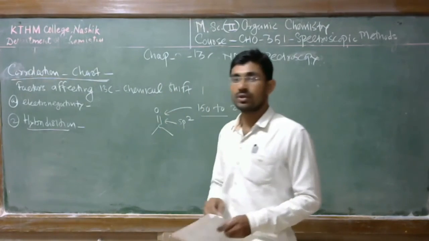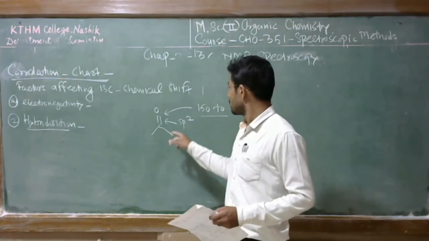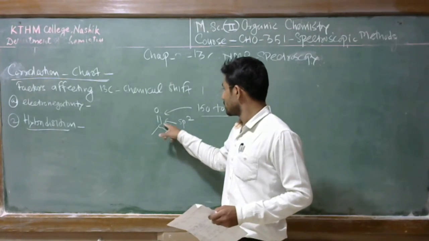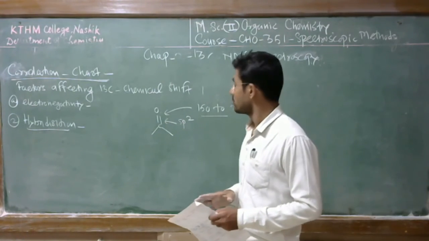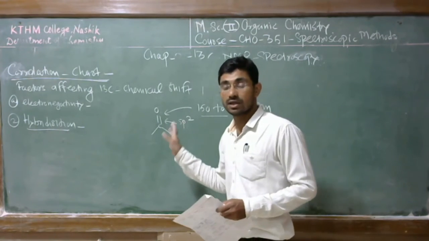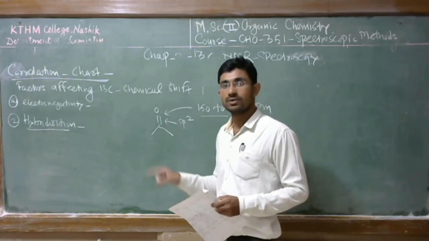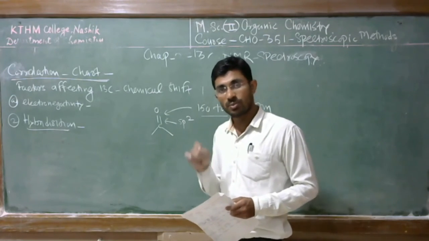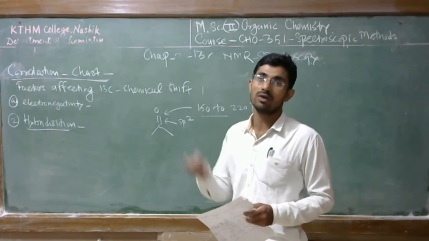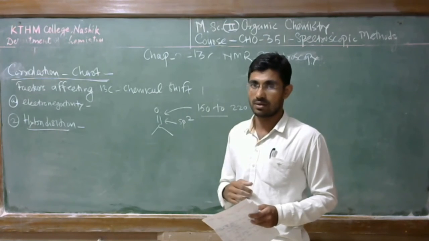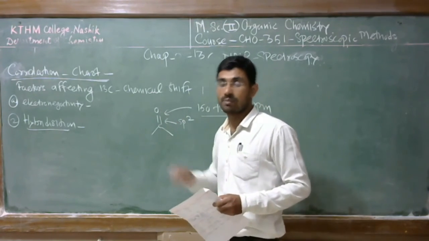Here also this effect, the hybridization, is directly concerned with carbon, meaning the carbonyl carbon, which is sp2 hybridized. So this effect again occurs through how many bonds? Only one bond. Directly concerned with carbons.